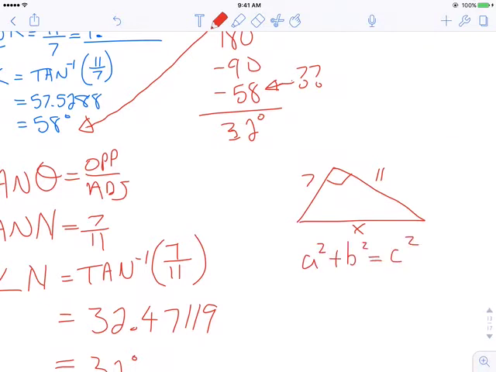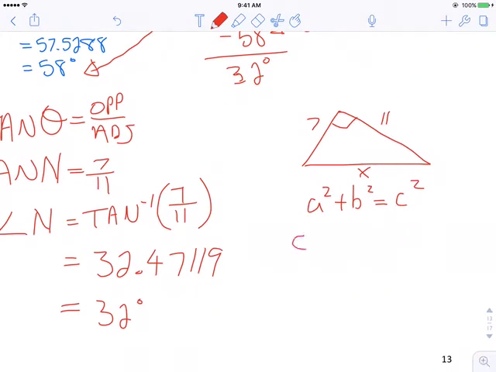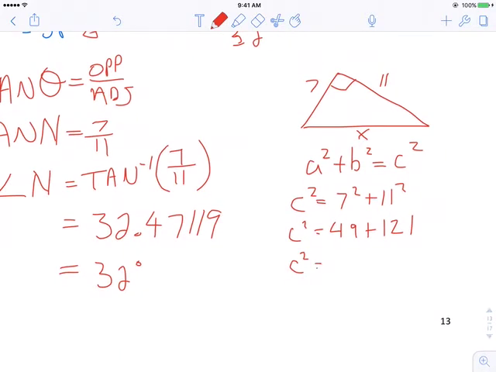Pythagorean theorem. Okay. So c squared is equal to 7 squared plus 11 squared, which is 49 plus 121, which is 170, he says questioningly.